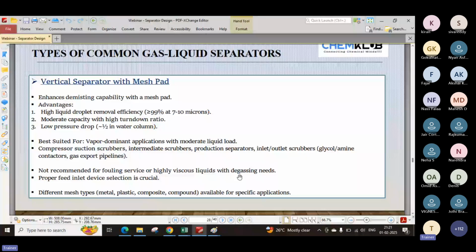There are various vendors in the market who provide this Schoepentoeter, mesh eliminators, vane packs and other things as well.